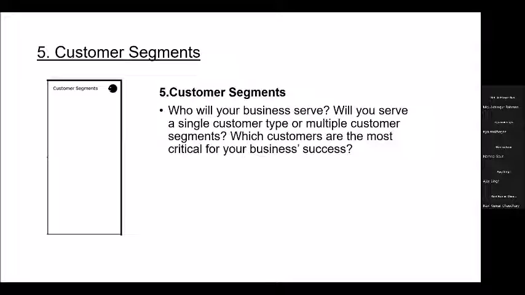Now coming to the fifth point, which is customer segment. Who will your business serve? Will you serve a single customer type or multiple customer segments? Which customers are the most critical to the success of your business? For example, everybody wants to go to the market and buy something from a multi-brand retail store, like Big Bazaar.